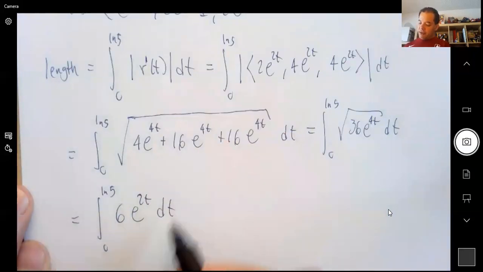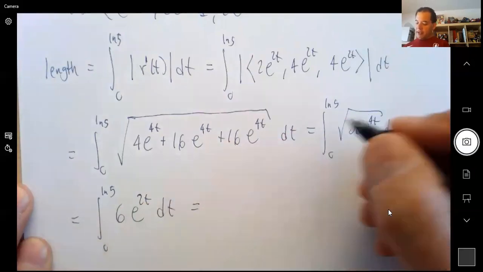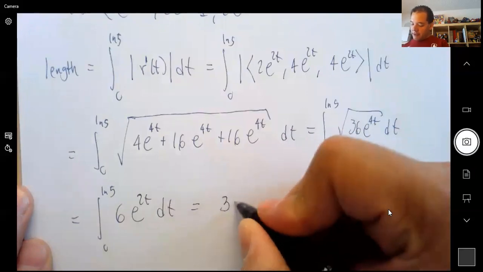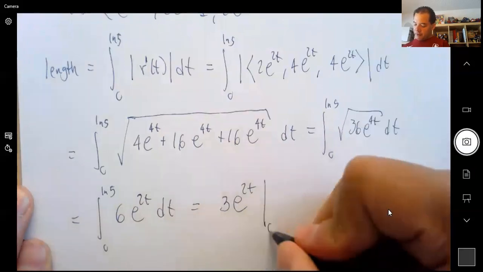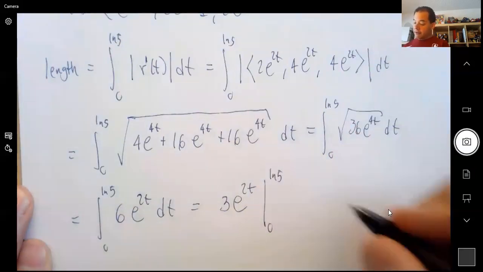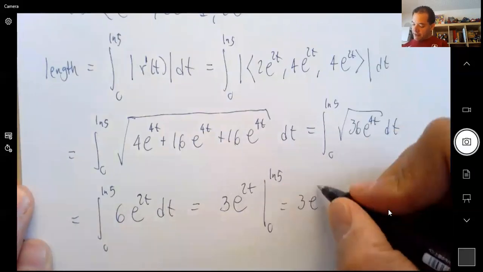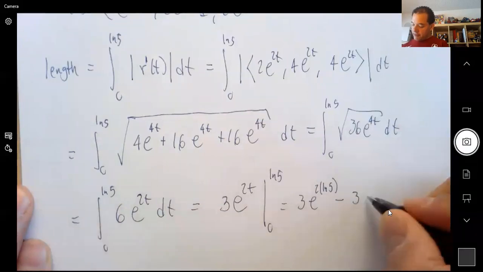And now I only need to integrate this. So antiderivative of 6e to the 2t, and that's easier, right? Because it will be simply 3e to the 2t from 0 to ln 5. So this is 3e to the 2 times ln 5 minus 3e to the 0.